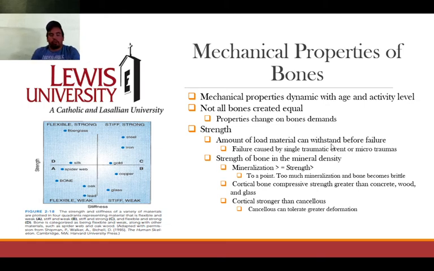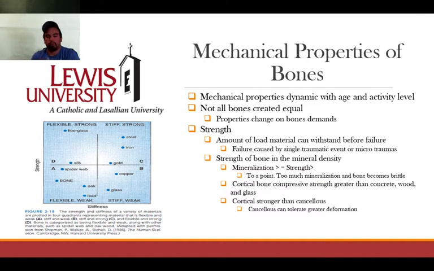So, mechanical properties of bones. Mechanical properties are dynamic with age and activity level. Not all bones are created equal, and some properties change based on the bone's demands. Strength is the amount of load a material can withstand before failure. The failure is caused by a single traumatic event or repetitive microtraumas.